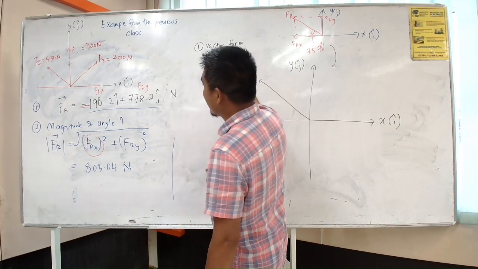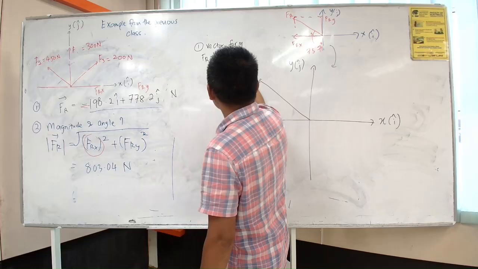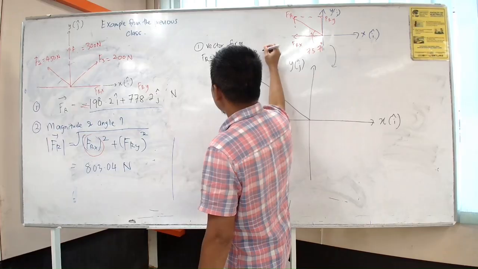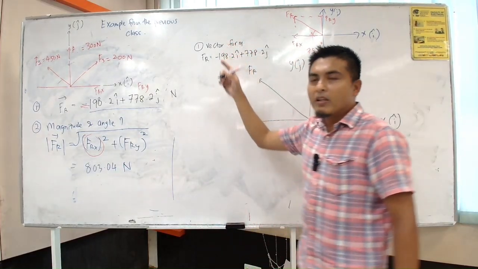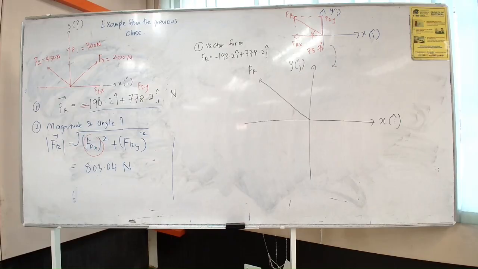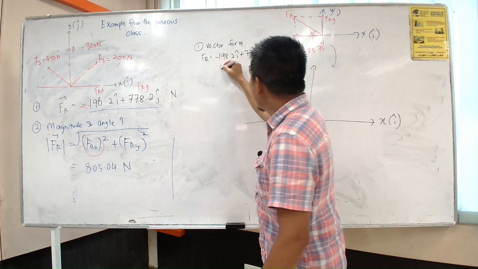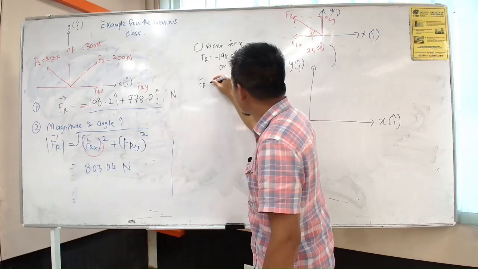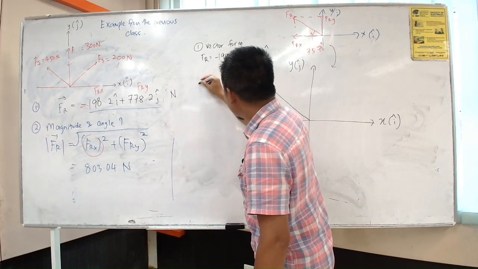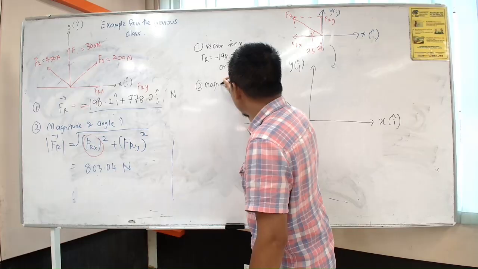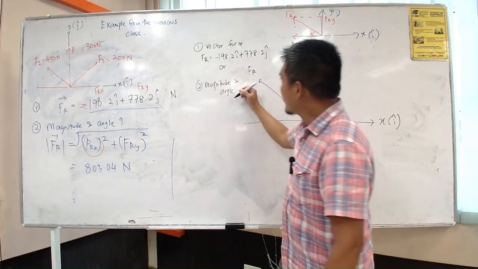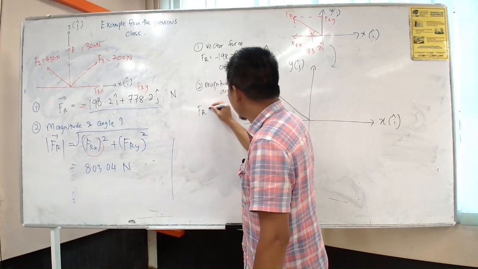FR equal to negative 198.2 in I direction plus 778.2 J, because the vector will always tell you the direction. Or, you also can write the FR in what form? In magnitude and angle. So the FR equal to, what's the answer again?